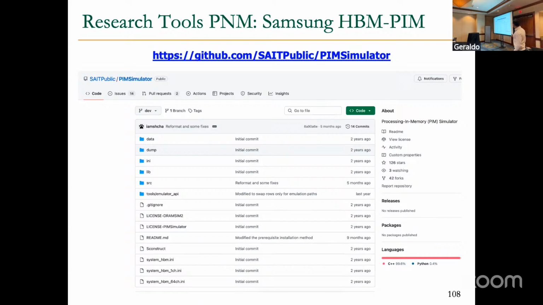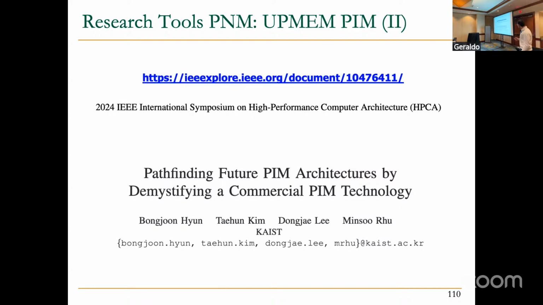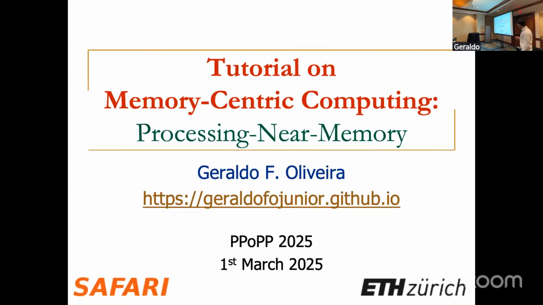The Samsung HBM-PIM, for example, has a simulator available online, which is based on DRAMSim2. And the UPMEM PIM chip also has a very nice simulator, actually, called UPMEMulator, that again allows you to conduct research and even modify the hardware and see what type of performance you would get if you modify the internal organization. And this is the original paper, which I think was a candidate for best paper at HPCA last year. So that concludes my part on processing near memory.